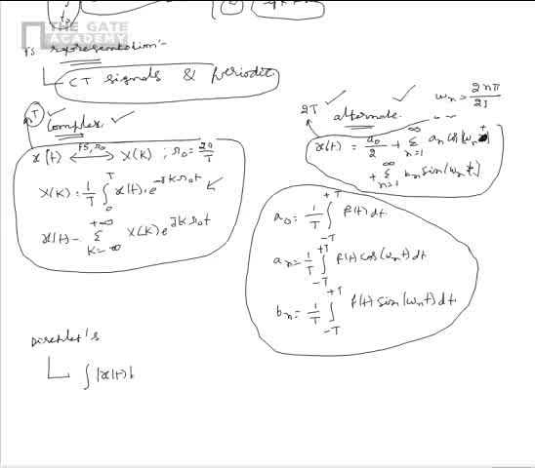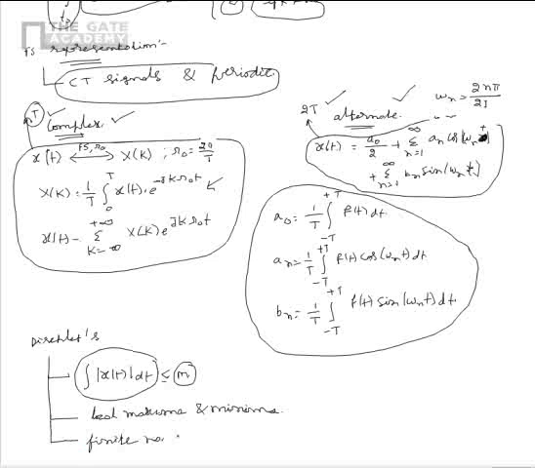That is, integral of mod of x of t dt is less than or equal to m, where m is finite. Please note that this integration is over one period. The second condition is x of t has finite number of local maxima and minima in one period. And the third condition is x of t has finite number of discontinuities in one period.